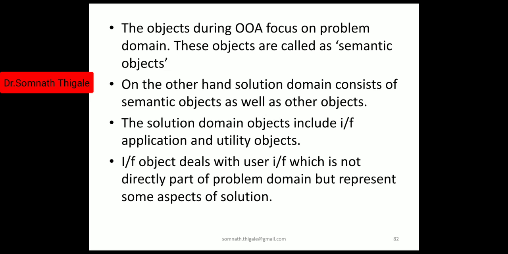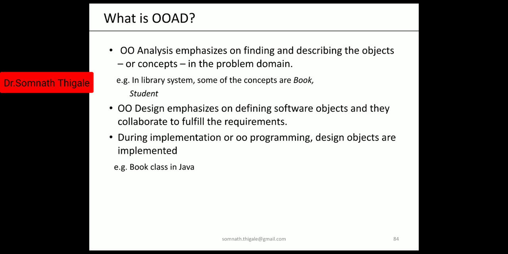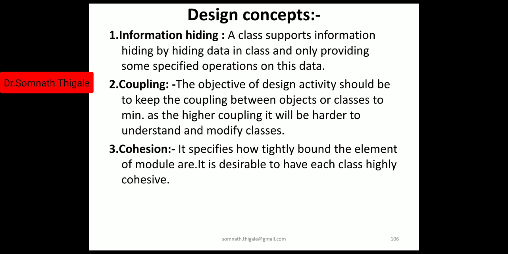That interface is one of the highlighting points to understand the difference between object oriented analysis and object oriented design. So analysis is investigation, while design is implementation of the problem you understood. This is what we discussed: analysis, design.